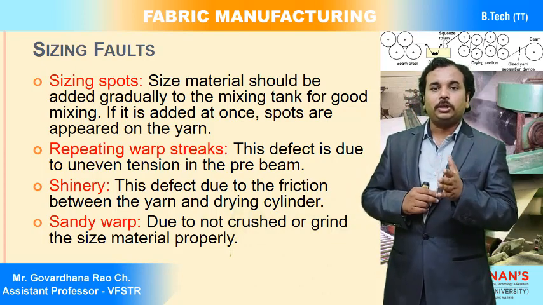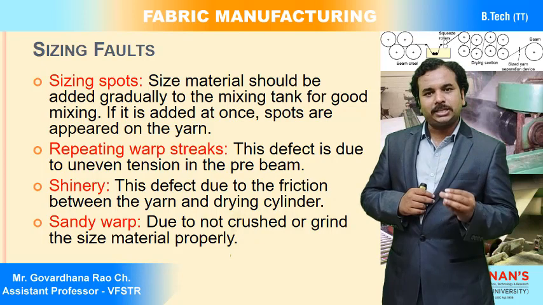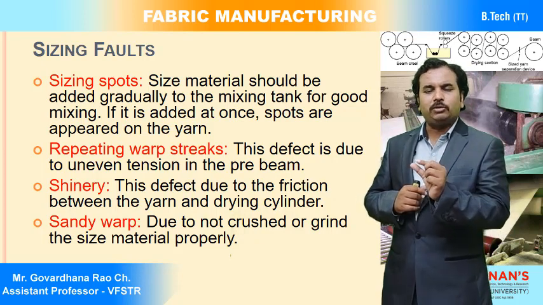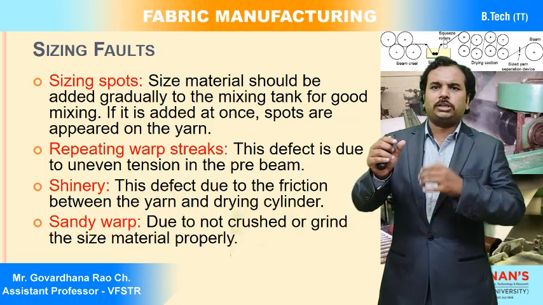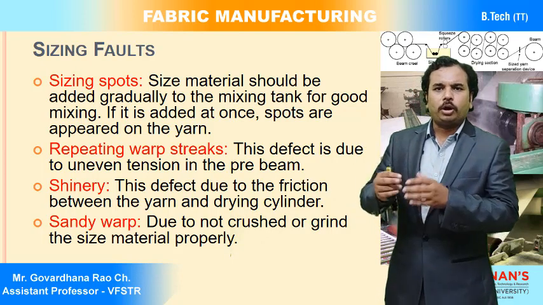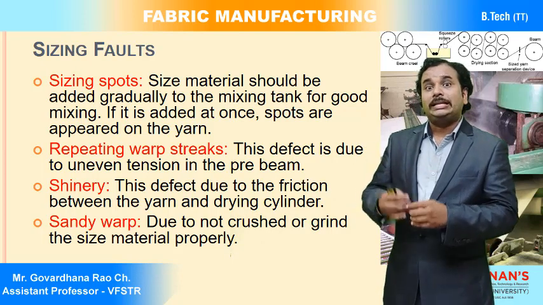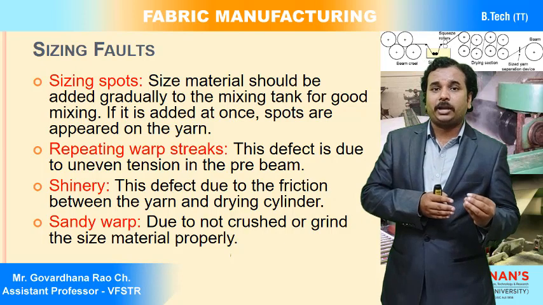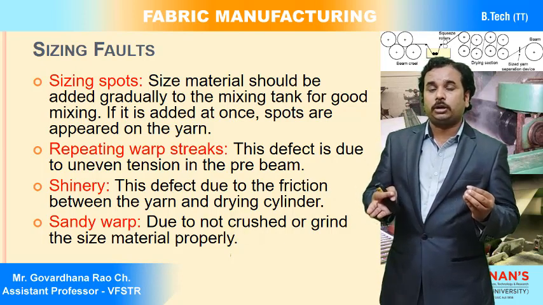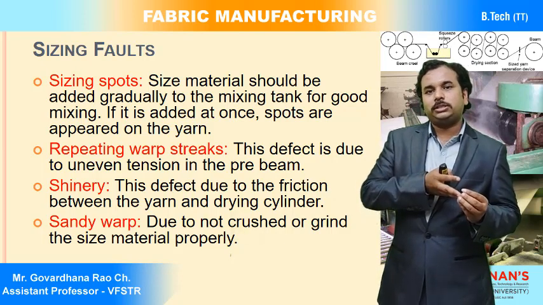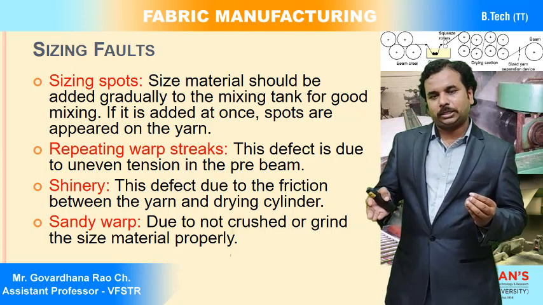More size granule diameter requires more time to boil and more time to gelatinize. The solid particles need to convert into solution or gel form, and this conversion is called gelatinization.